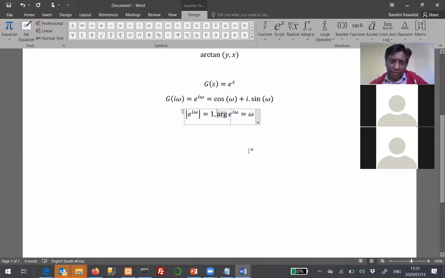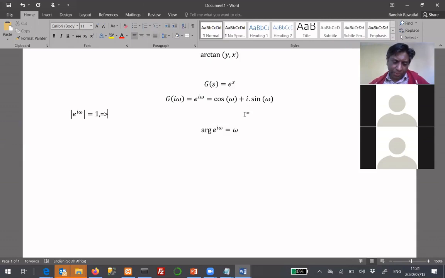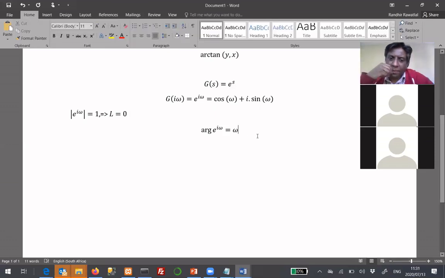So we have the magnitude and the angle quite easily there. So you can say that L then is simply going to be 0. So L equals 0. And the angle will be omega.